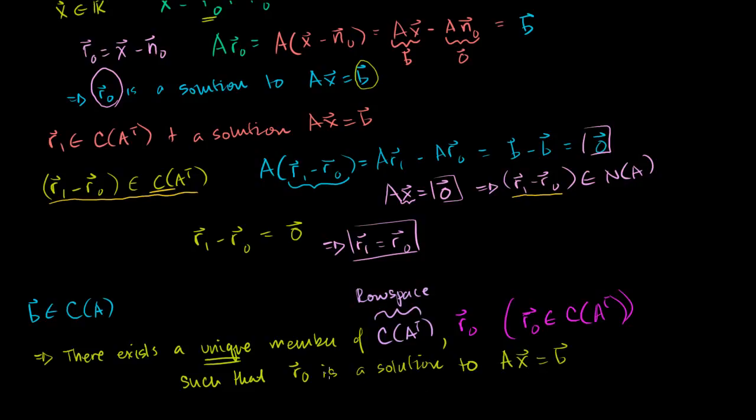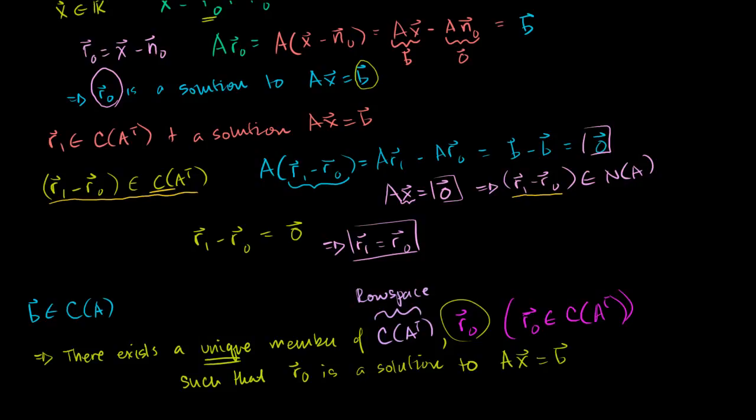It's a little bit of a complex statement here, but it's interesting. You give me any b that's a member of the column space of A, then there will exist a unique member of the row space of A that is a solution to Ax is equal to b.